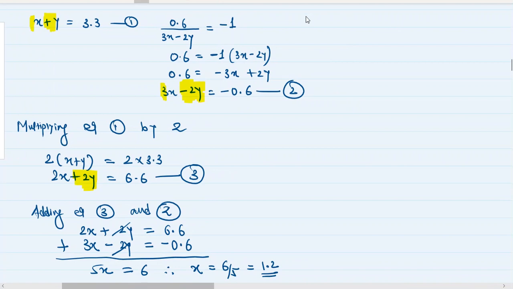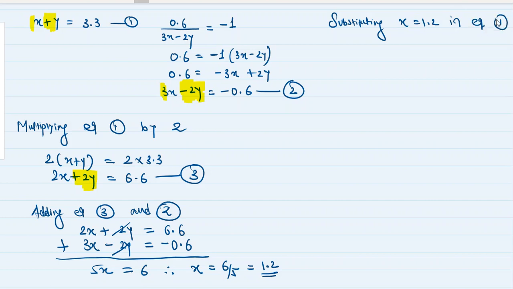So substituting x is equal to 1.2 in equation 1. So we are going to write 1.2 plus y is equal to 3.3, right? We are just going to replace x by 1.2 in equation 1. So y becomes 3.3 minus 1.2.